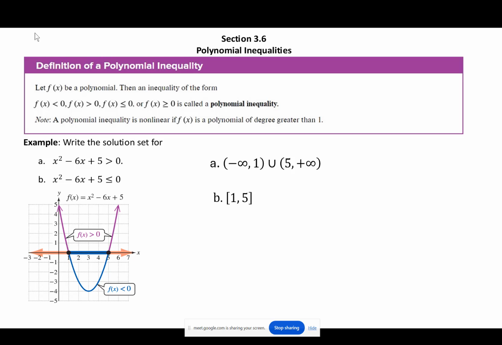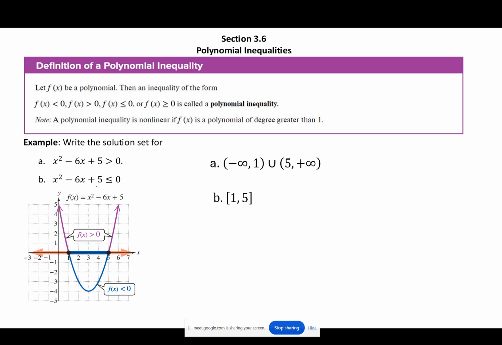So part A says x squared minus 6x plus 5 is greater than 0. What values of x make that a true statement? Well, those are the values of x where the function itself is positive, greater than 0. When does that happen on the x-axis? It happens when x is between negative infinity and 1.